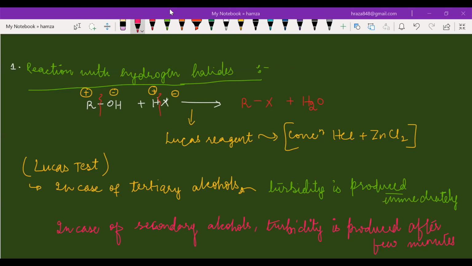Nafisa, I have a question for both of you. Do you solve the assignment that goes on the portal? No, sir. Why so? Both of you don't solve the questions from the portal.